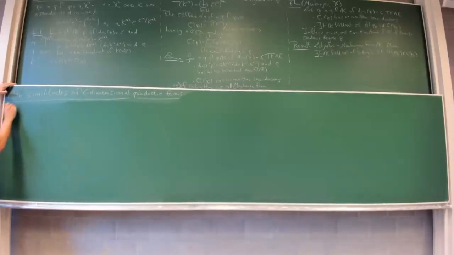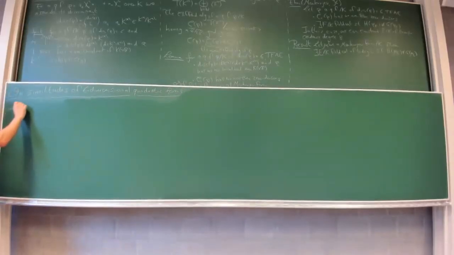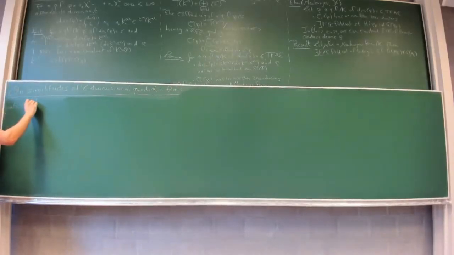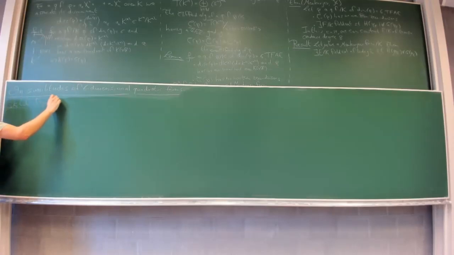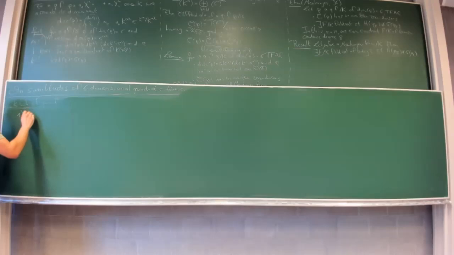Okay, so let me give a bit of a sketch of the proof in a few steps. The first step is that one can in fact write our form mu in the following way.